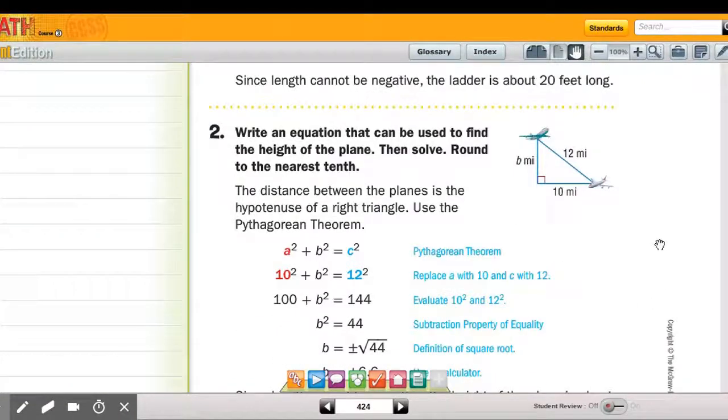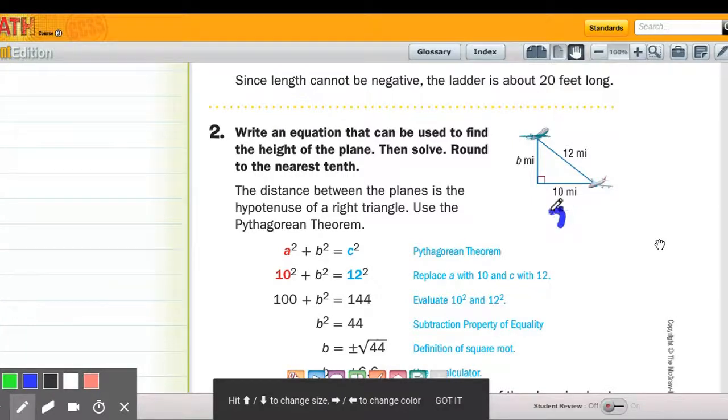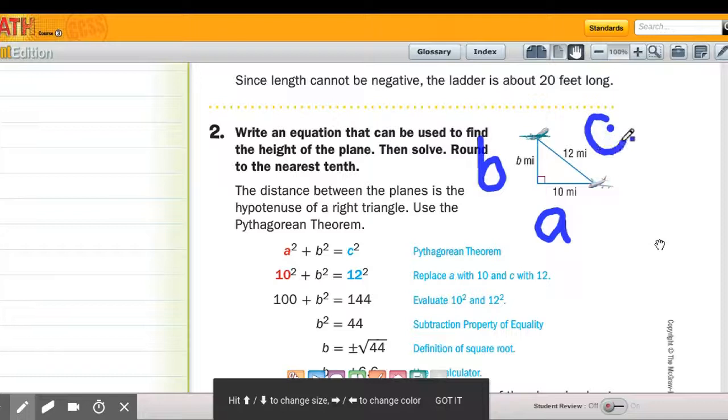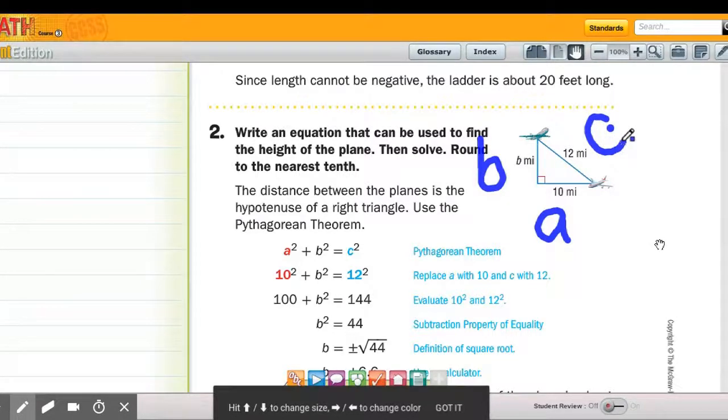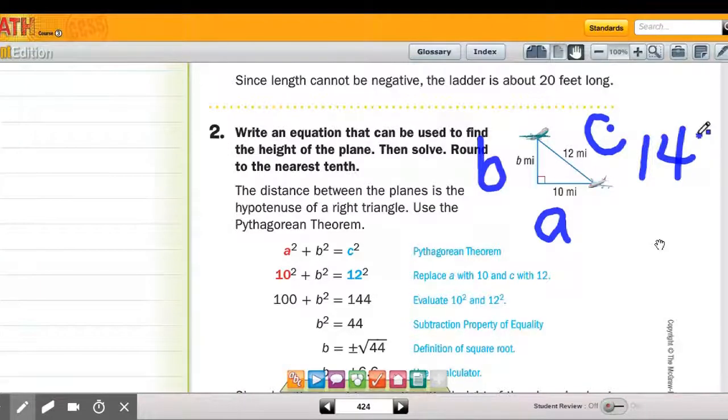So again, this one, there's a little story to tell and cute pictures, but really what it comes down to is you have an A, and there's the B, and there's the C. So this one, you remember, is how we said, we have this 144 for c squared, and this is going to be 100, and then that's going to be b.